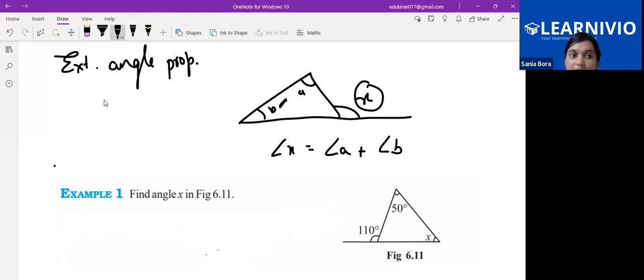Then find the value of X. Ma'am, I finished.